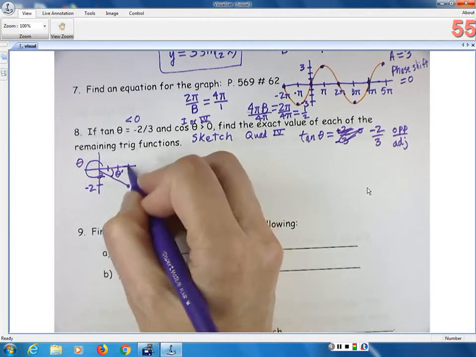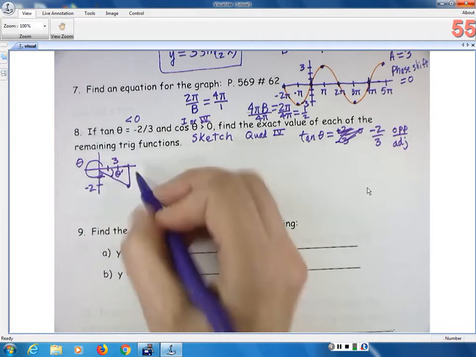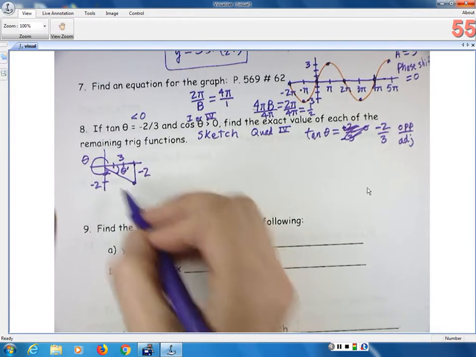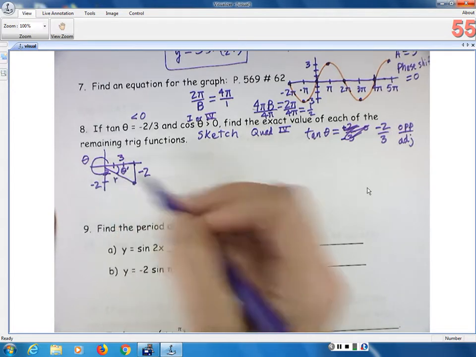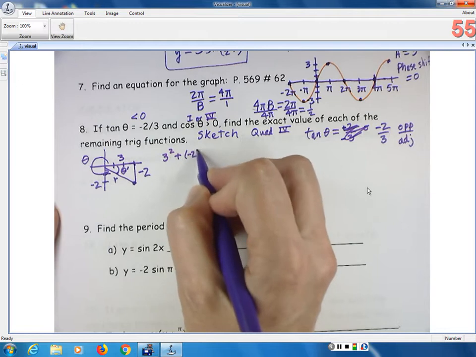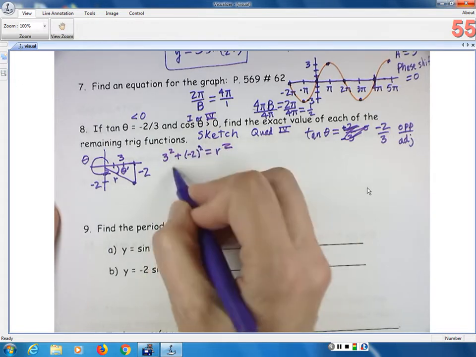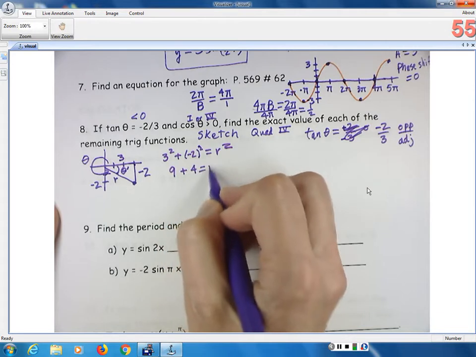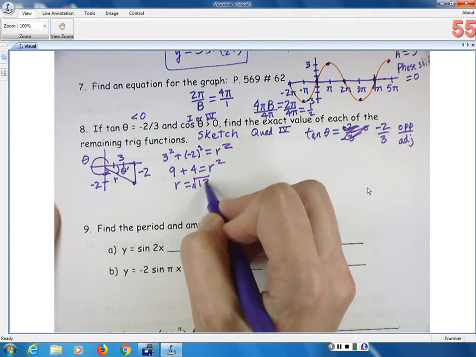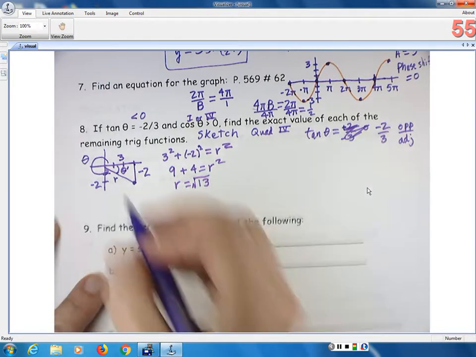But I can draw my reference triangle: x is positive 3 because it's the positive x-axis, y is negative 2 because this is going down, and then I can find r. 3 squared plus (-2) squared equals r squared. So that's 9 plus 4 equals r squared. R squared is 13, so r is the square root of 13.